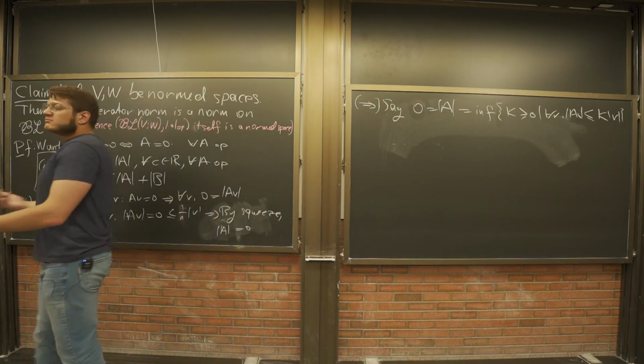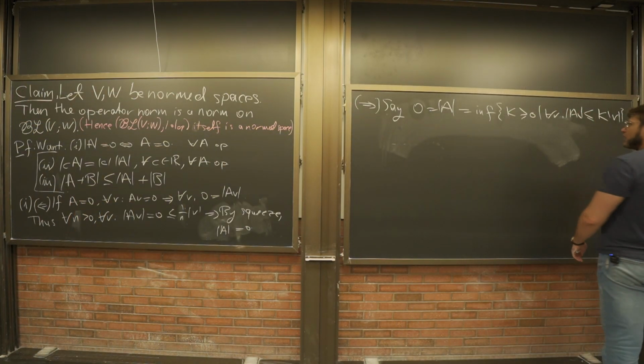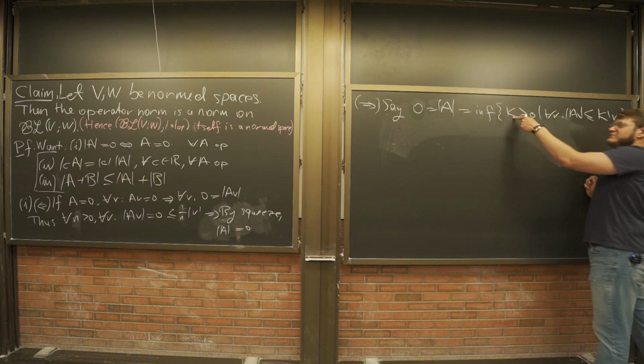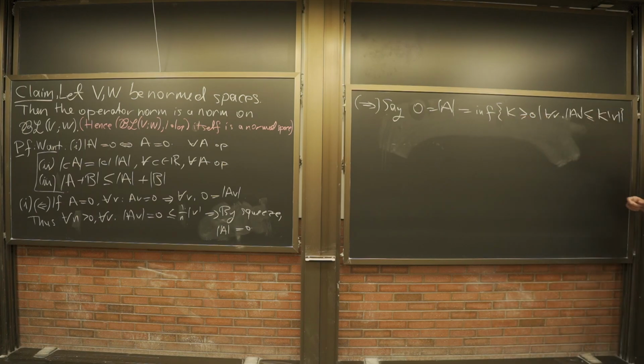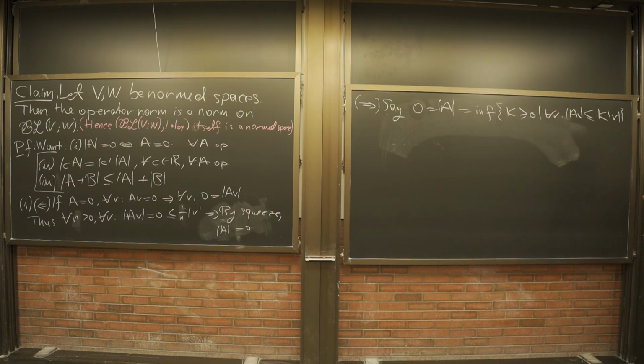OK, that means that by this farming procedure that we discussed, I can think of the following. I can say that there's a sequence of k's, k1, k2, k3, that decreases strictly to 0, that converges to 0. And that satisfies this inequality for any v.